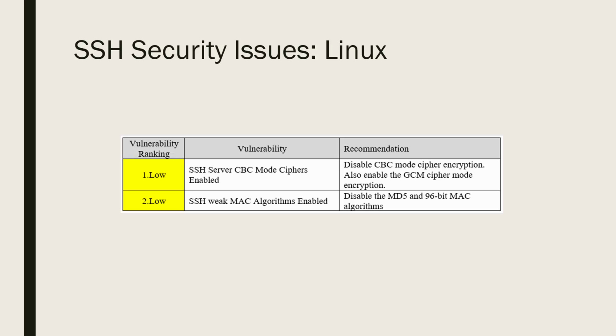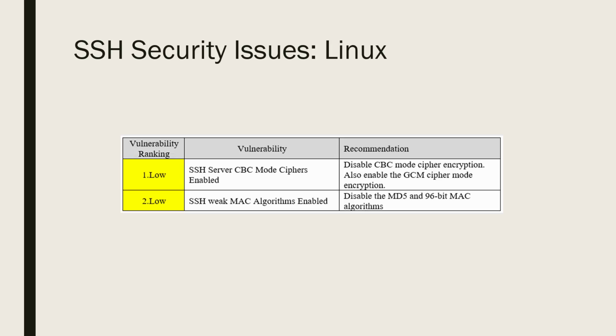The server currently supports cipher block chaining or CBC encryption. An attacker could recover a plain text message from an original ciphertext. And the CBC mode needs to be disabled, while the GCM or the CTR encryptions need to be enabled.